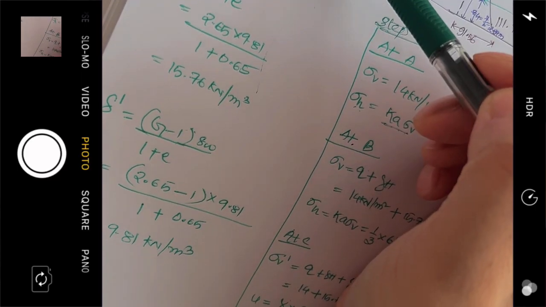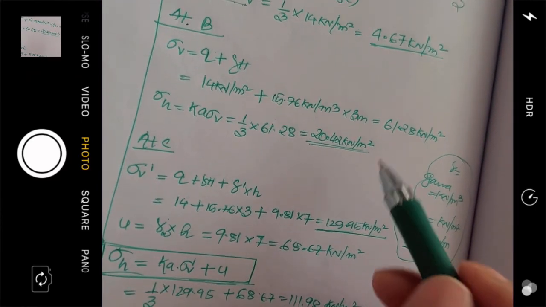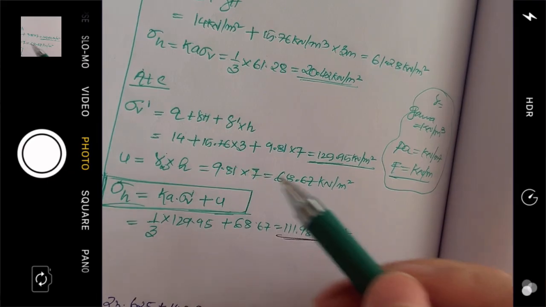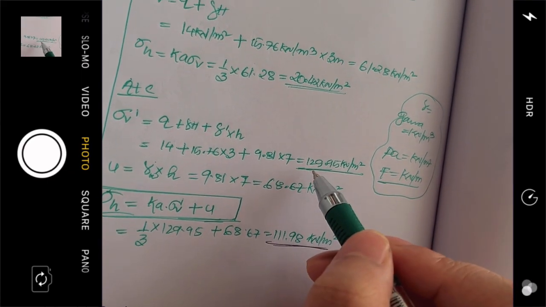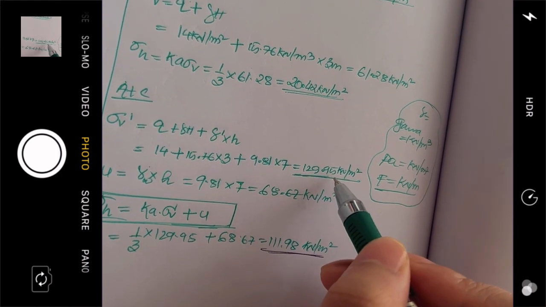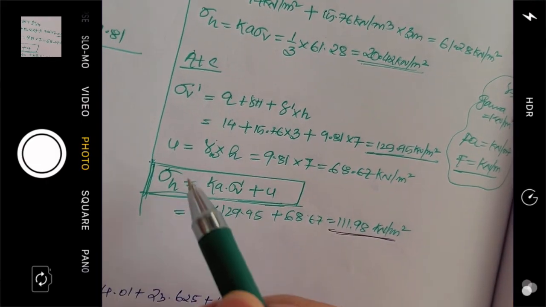It's how much? 9.81. So from here it's 129.95 kilonewton per meter square.